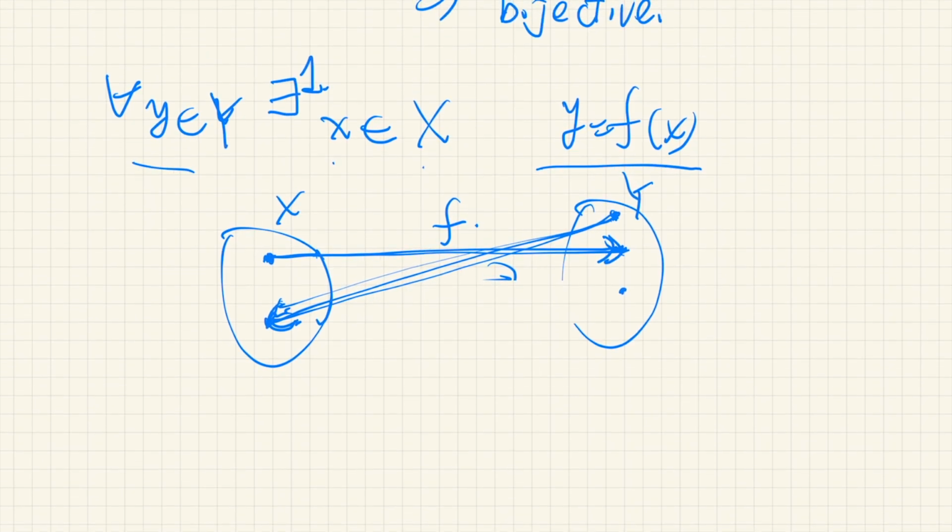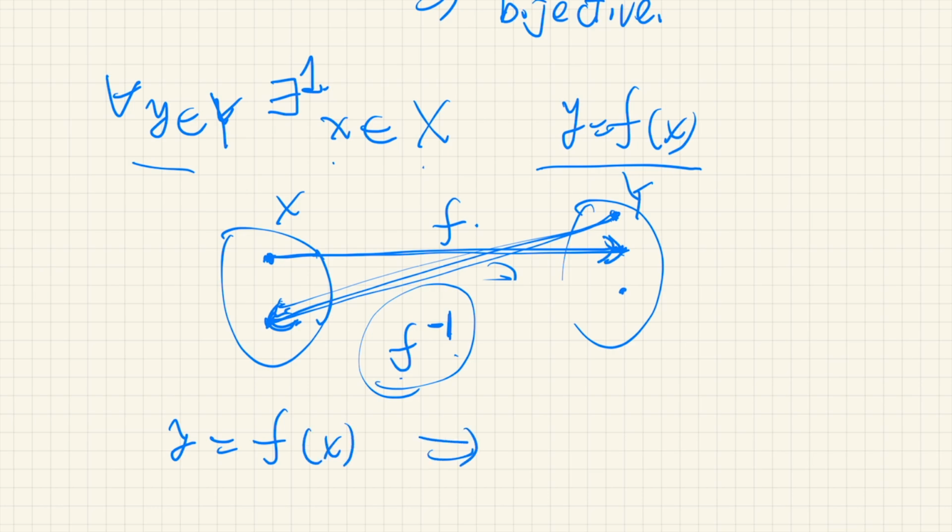And this map is called f inverse, f to the power of -1. So by appearance it looks like that, but it's called f inverse. So for a bijective map, if y is equal to f of x, then x is equal to f inverse of y, and vice versa.